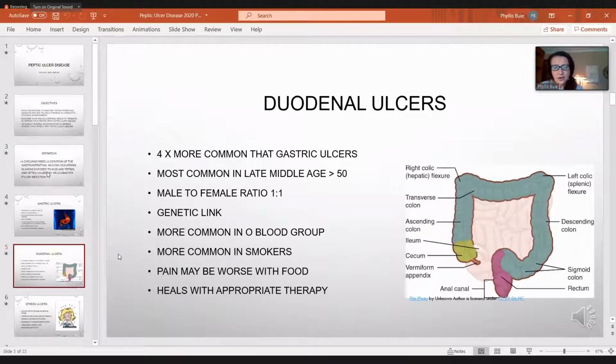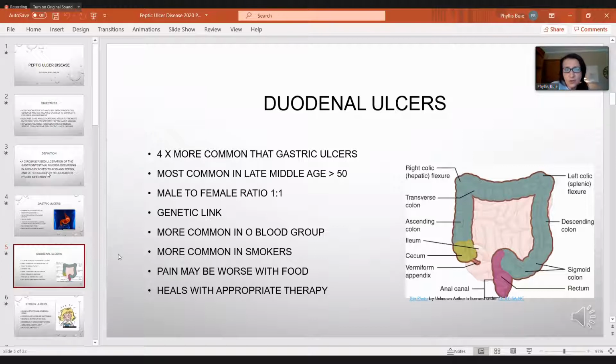Pain usually occurs, it may be worse with food. It can occur anywhere from 90 minutes to 3 hours after eating. And this particular type of ulcer also often awakens the patient at night. And this is one of the ulcers that you see the H. pylori infection with.